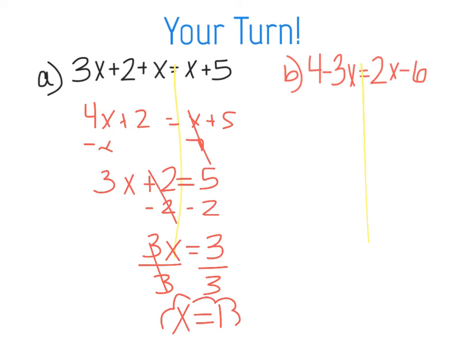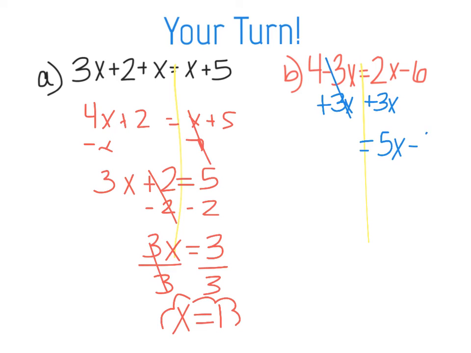On the next side, I have a different equation here. I am going to start by adding 3x to both sides. That isn't the only thing I could have done, but that's where I like to start, because -3 is smaller than 2. And so by eliminating that, I'm going to leave myself with some positive x's over here.